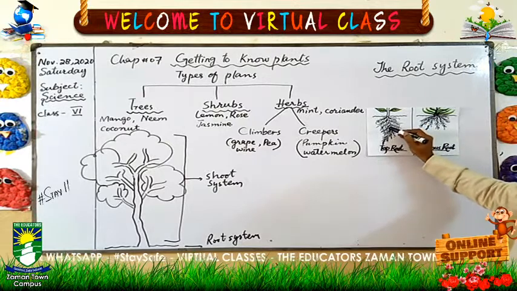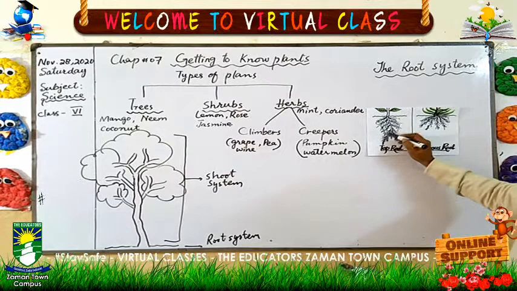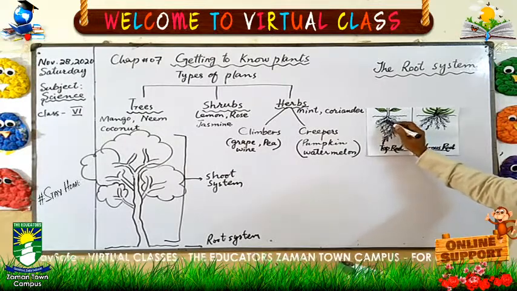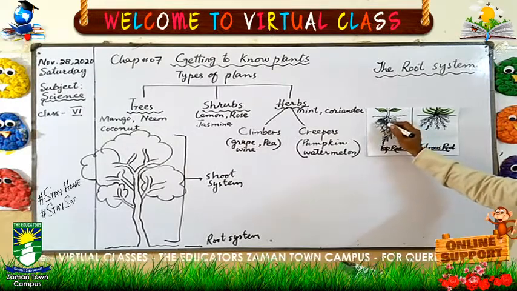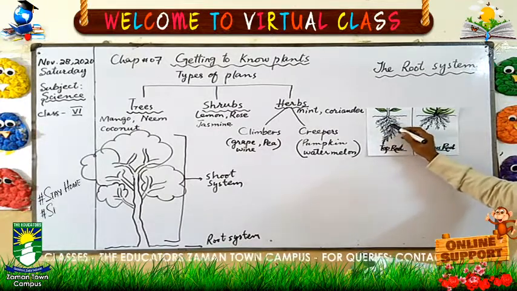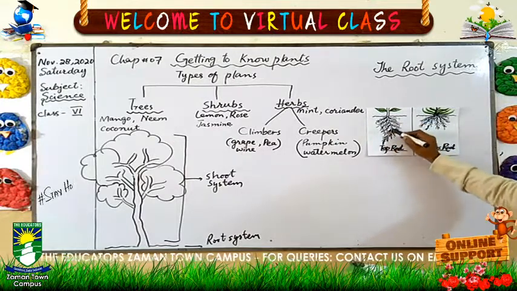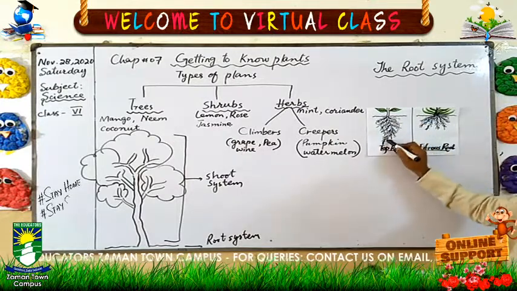From the main root, the sub roots are attached, and very small hair-like structures are present on the branches of the roots. But there is a main root. So this main root is called taproot.